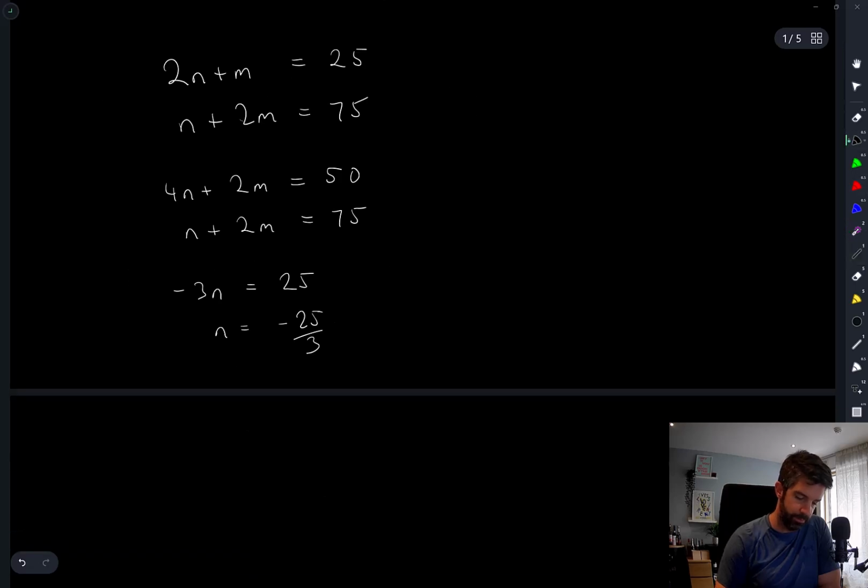If I do a rough sketch of what we're trying to do, we're trying to get to a point at 25, 75, so it's way up here. And the two ways we can move are either that way or that way. So we're going to want more moves of this type rather than that type.